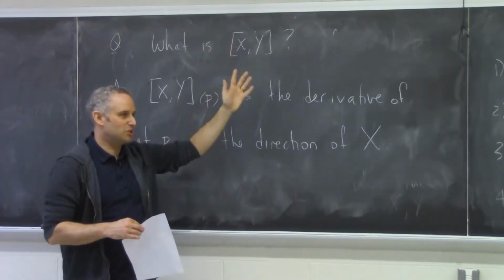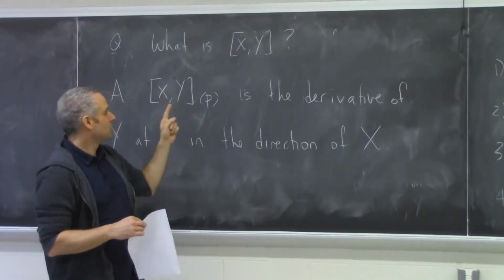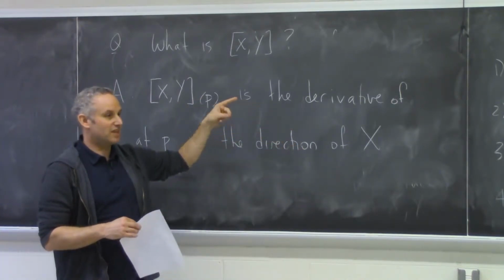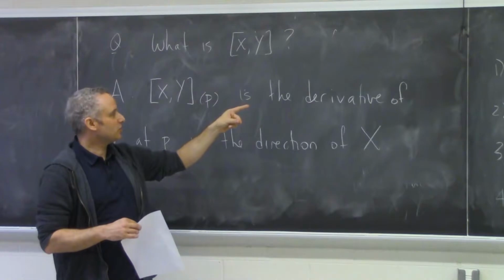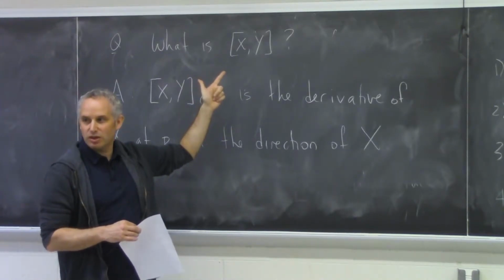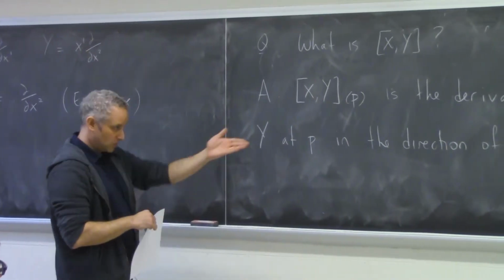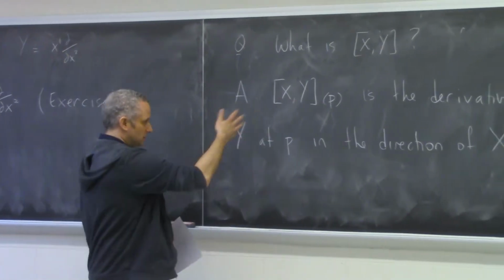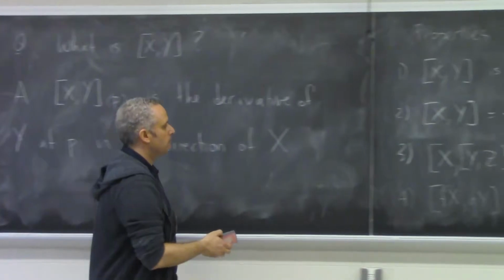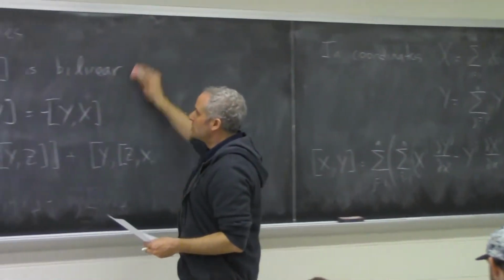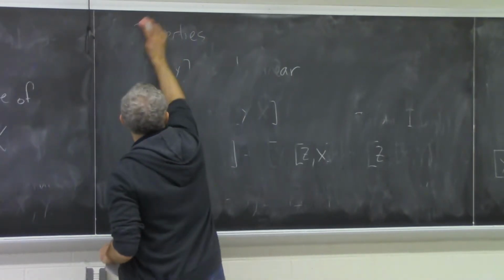But somehow this should be interpreted as the derivative of Y in the direction of X, which means it's also the derivative of X in the direction of Y with a minus sign. Okay? So somehow those two quantities have to be related just by the properties of this map. So it's a bit of a mystery how to get from Q to A. So let's unravel it.